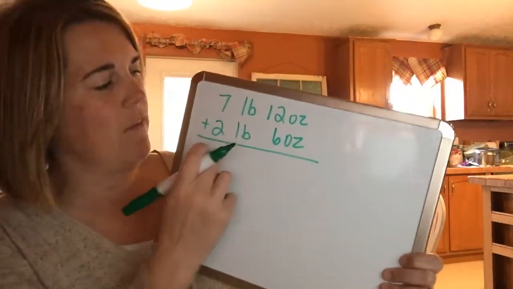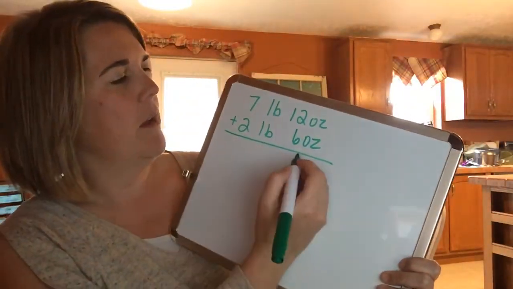I'm going to show you this because you got to know a few things, because we got to borrow sometimes. If you have 7 pounds 12 ounces plus 2 pounds 6 ounces, adding is a little different. We just add it up. You have to write the label.